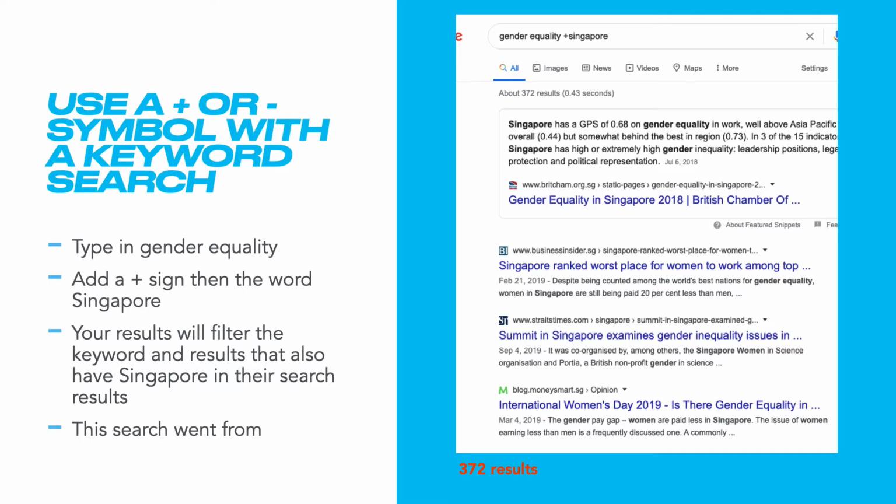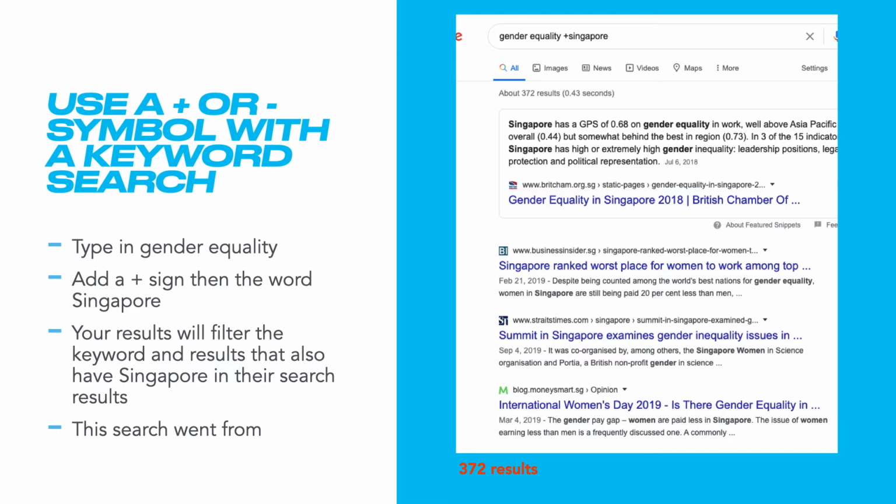If I put the plus sign and put gender equality plus Singapore, you can see that the results are dramatically different. I only got 372 results. So I can start going through those results much easier, and I'll get much more specific information just by typing in a plus.